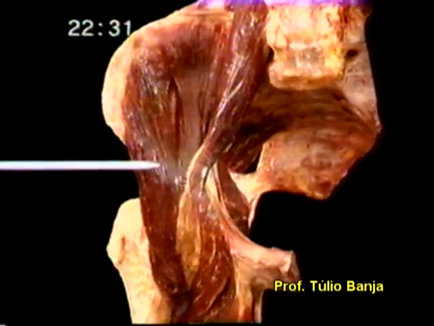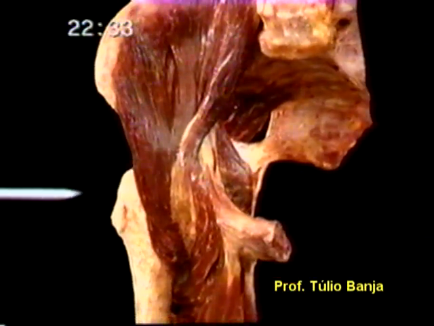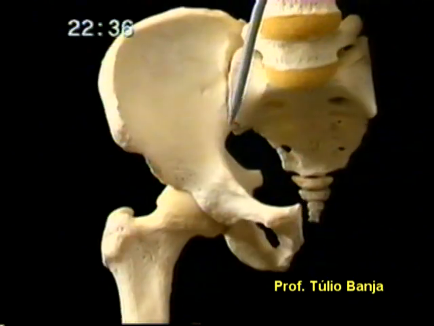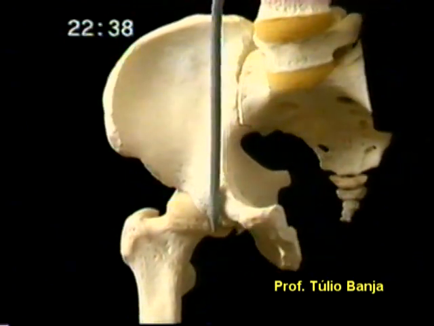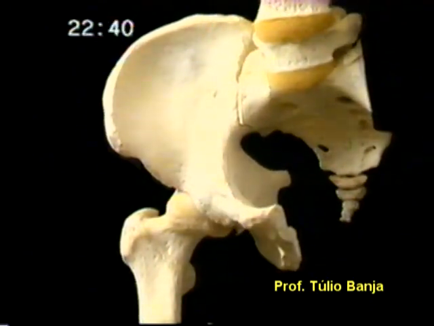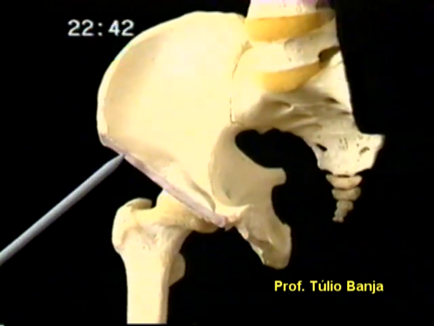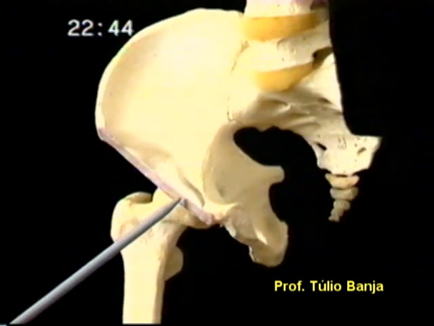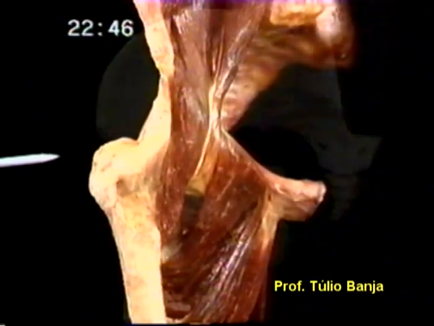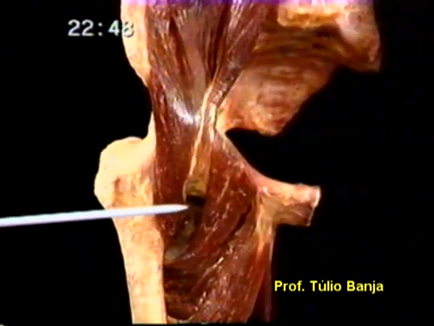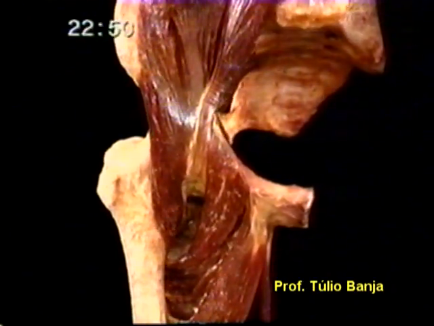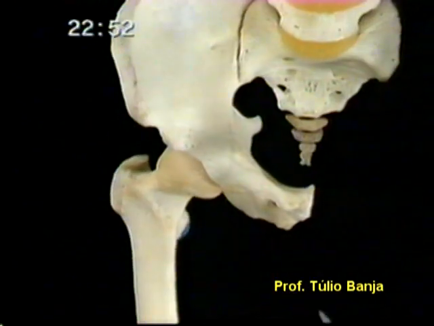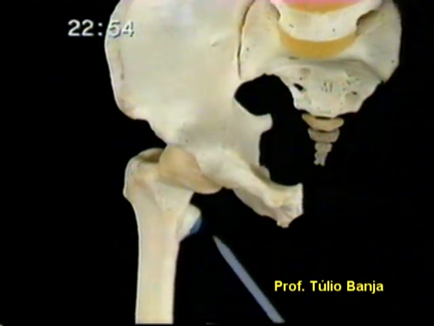As they pass downward together, iliacus and psoas major pass over the superior pubic ramus and under a structure here that we haven't been introduced to yet, the inguinal ligament. The two muscles pass downward and backward and insert together down here on the lesser trochanter.